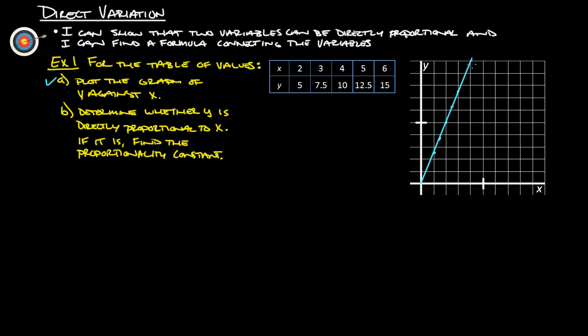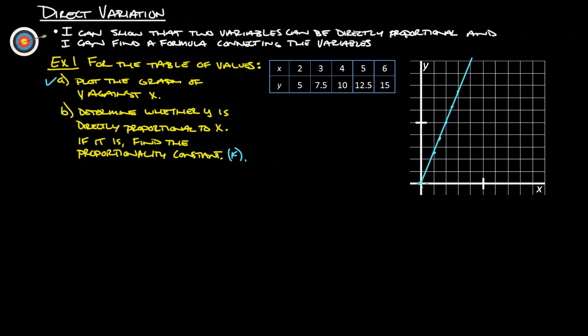Yes, it makes a nice straight line that goes right through 0, so it's directly proportional. Now we're going to find the proportionality constant, which we call k. The quick and easy way: the proportionality constant is just the slope of the line.